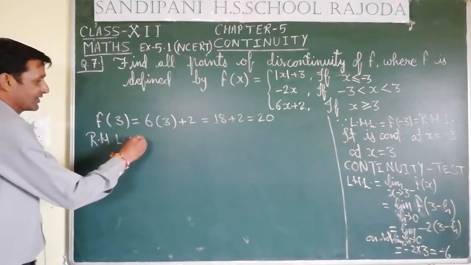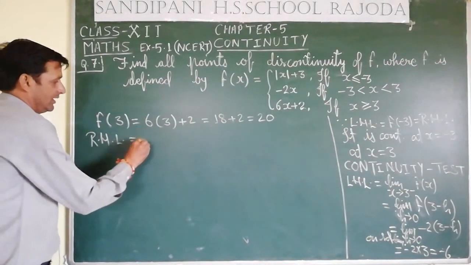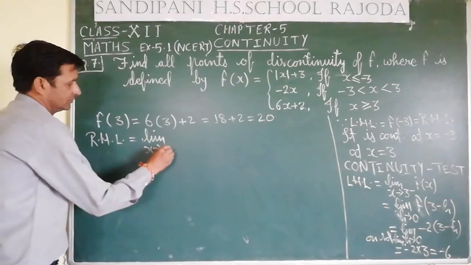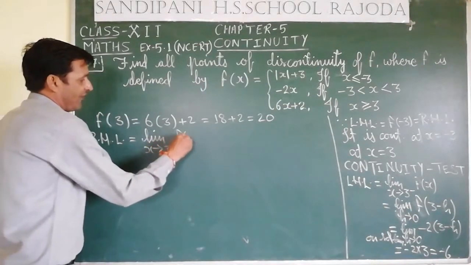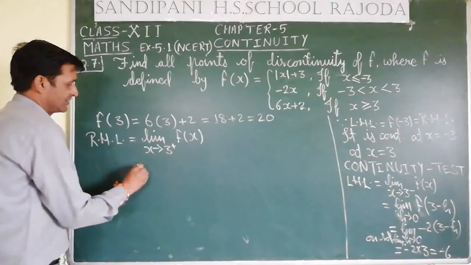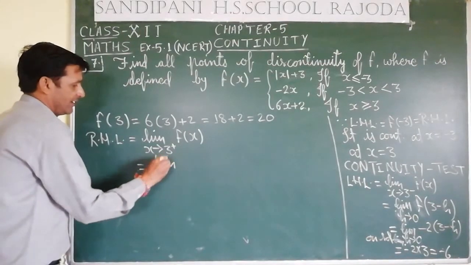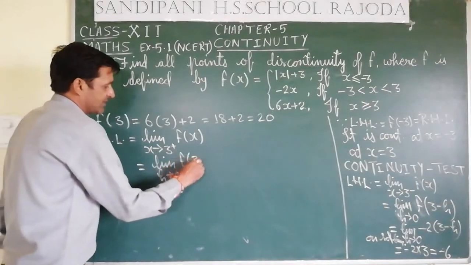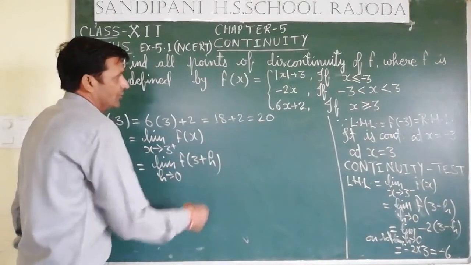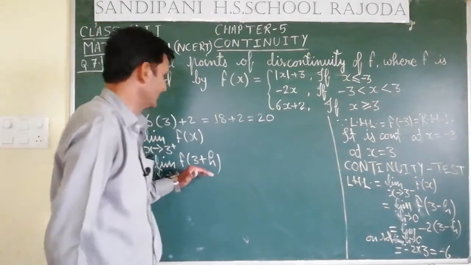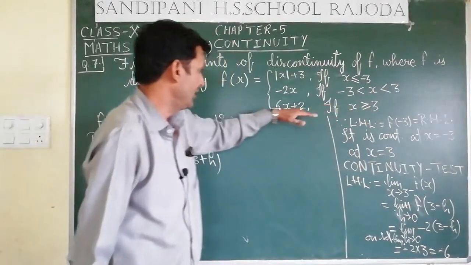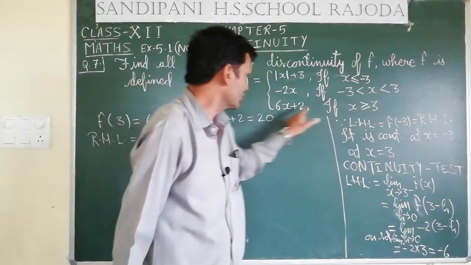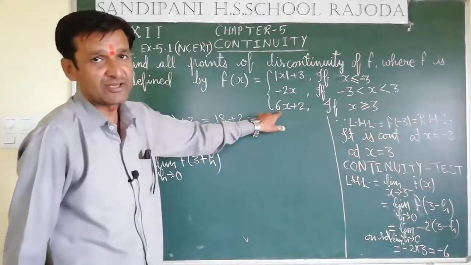So RHL is equal to limit x tends to 3 plus f of x, that is equal to limit h tends to 0 f of 3 plus h. Now this will be applicable again in this part, because for greater than 3 also this function is applicable, which is 6x plus 2.